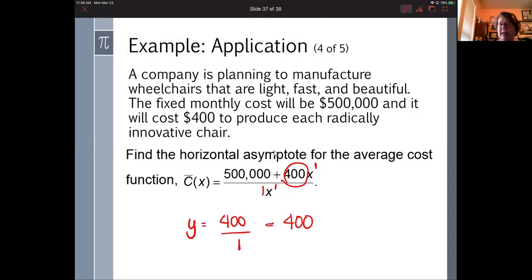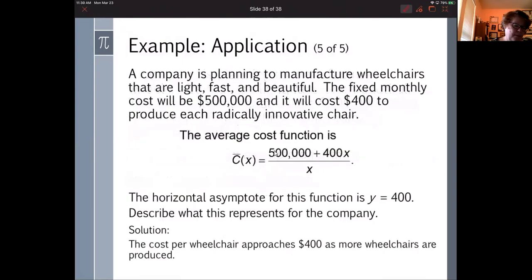And you can kind of see that as x goes towards infinity, this poor little 500 becomes a negligible amount. So the more wheelchairs we manufacture, the lower our average cost becomes. So our horizontal asymptote for this function is y equals 400. What does this mean? The cost per wheelchair approaches $400 as more wheelchairs are manufactured.